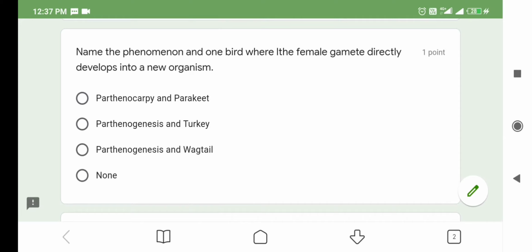Therefore, reproduction from an ovum without fertilization is called parthenogenesis. This phenomenon is observed in Turkey. So, option number 2, parthenogenesis and Turkey is correct.